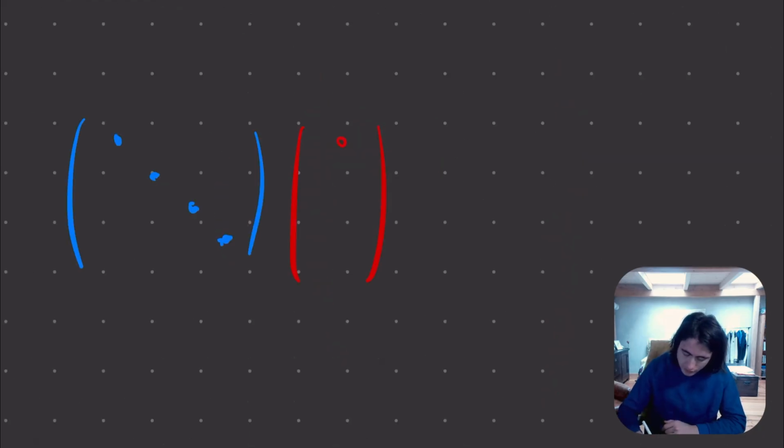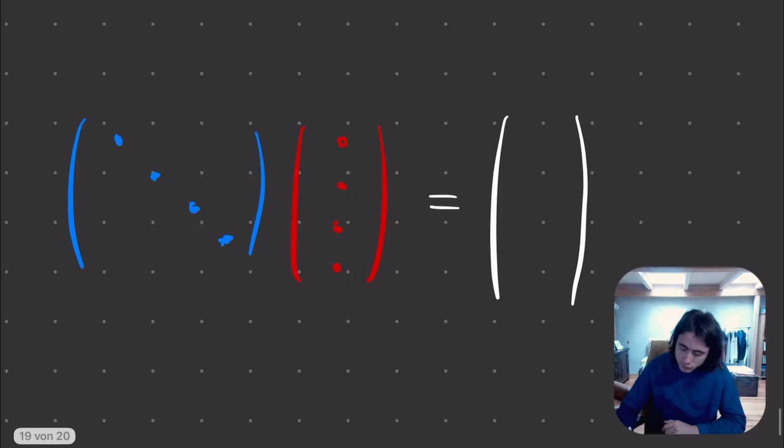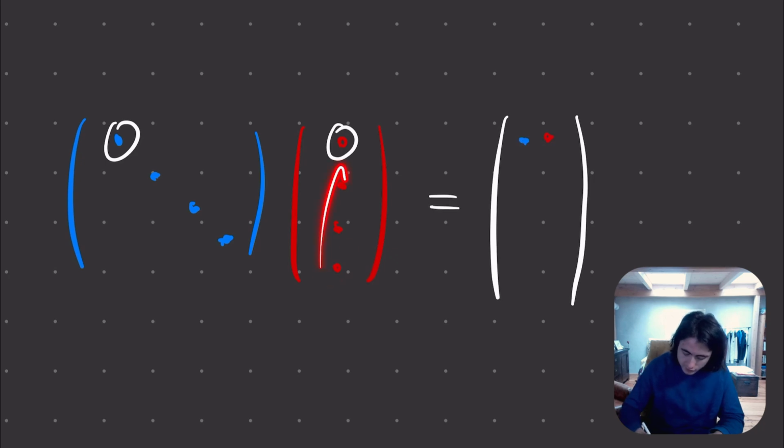So if we have a diagonal matrix here and we have a column vector, then the result is of course a column vector. But what happens to the individual entries? Well, this here gets multiplied with this in the first entry, but then all of the other entries here get multiplied with 0, right? And it's the same for all of the other entries. This gets multiplied with this, and all of the other entries here get multiplied with 0.